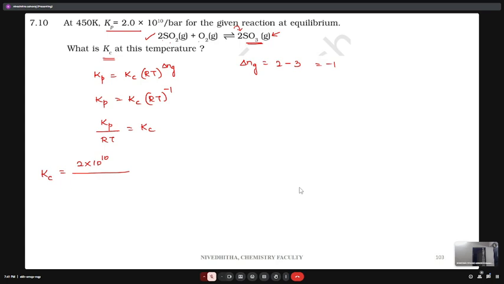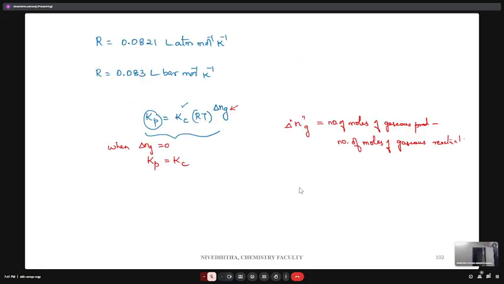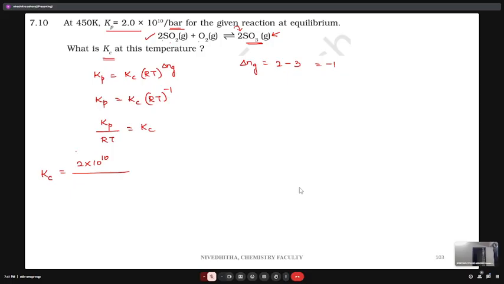What R value can we substitute here? Here the unit is in bar, so we have to choose the R value whose unit is in terms of bar, right? So it is 0.083 liter bar per mole per Kelvin. What else?